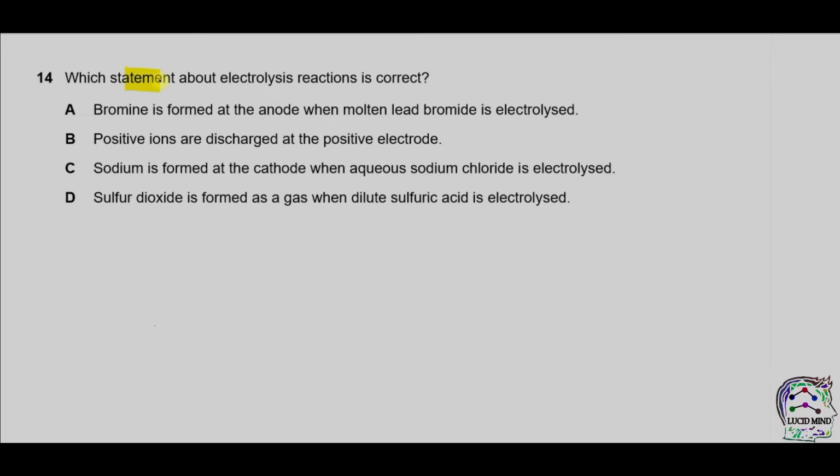Question 14. Which statement about electrolysis reactions is correct? Part A. Bromine is formed at the anode when molten lead bromide is electrolyzed. Now in molten lead bromide we have lead ions, which is Pb²⁺, and we have bromide Br⁻. The cation moves towards the cathode, while bromide is an anion and anions go towards the anode.